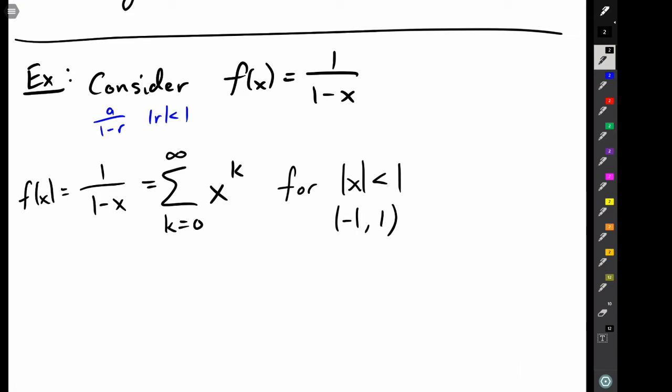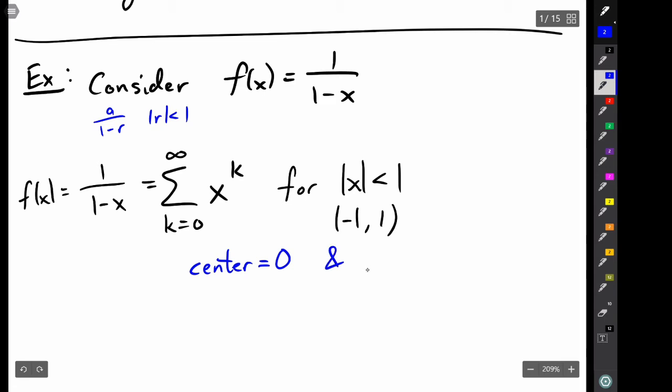So here we could say that the center equals 0, and the radius of convergence, since the center here is 0, and this is 0 plus 1 and 0 minus 1, the radius of convergence is 1.